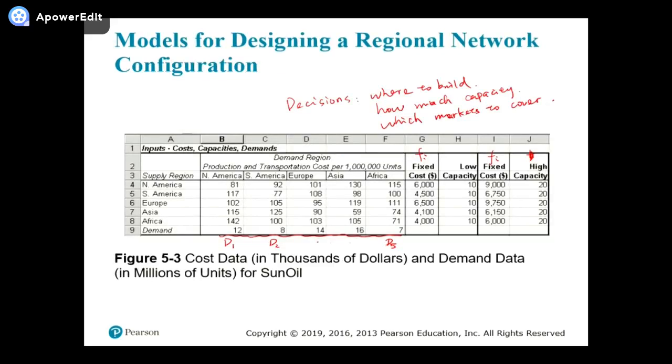This matrix is our Cij matrix. For example, if we denote North America as 1 and South America as 2 and so on, then our C12 is the cost of supplying South American demand from North America supply. And that is equal to 92.